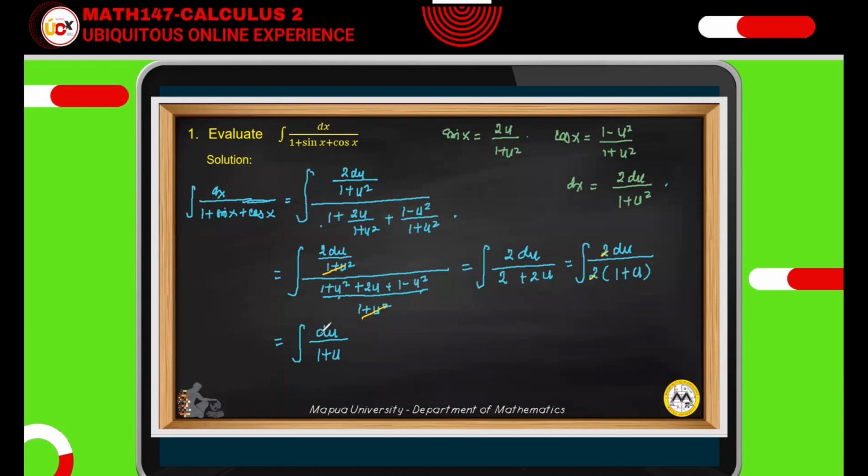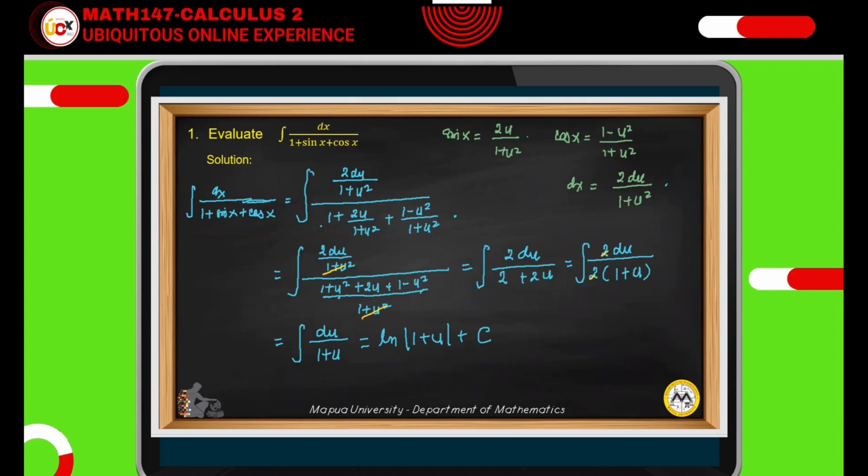So we have the integral of du over 1 plus u, and we can see that the numerator is the exact differential of the denominator. Hence, the integral will lead to the natural logarithm of the denominator 1 plus u, plus the constant of integration. But we need to substitute back the original variable.